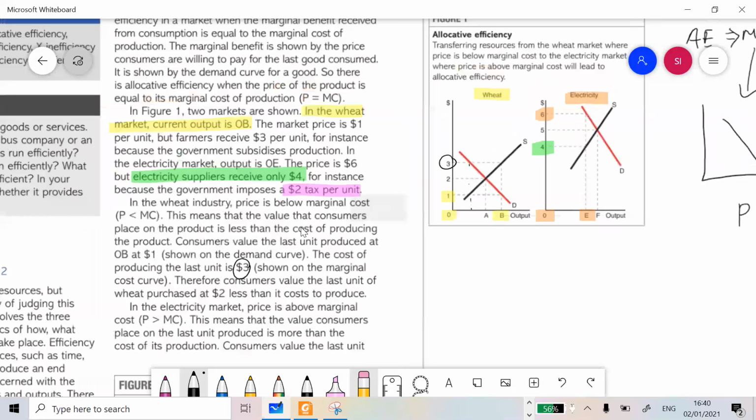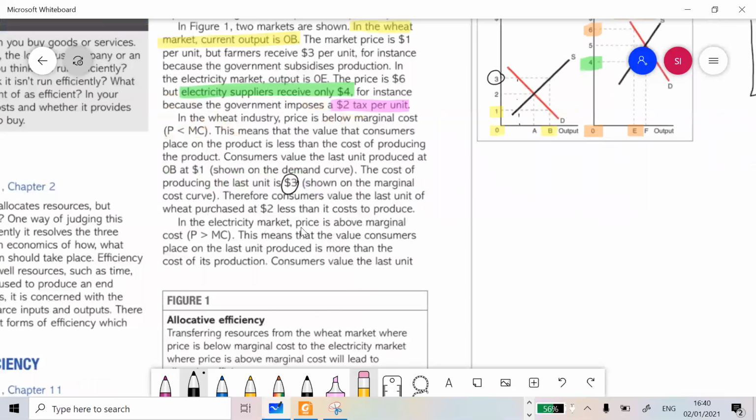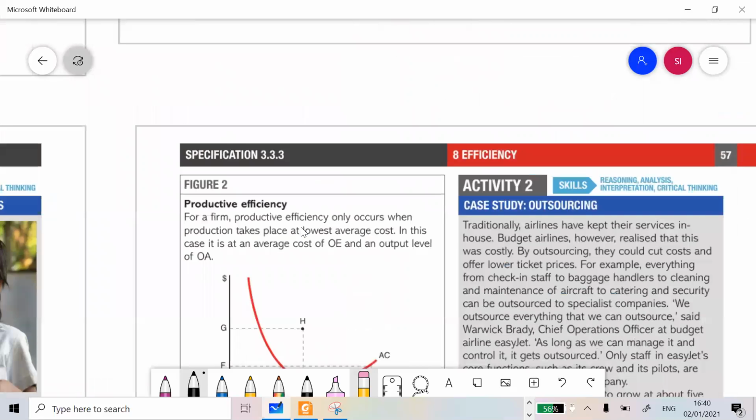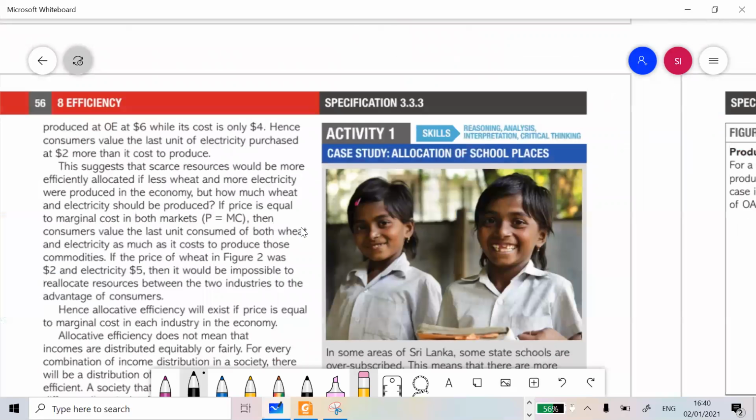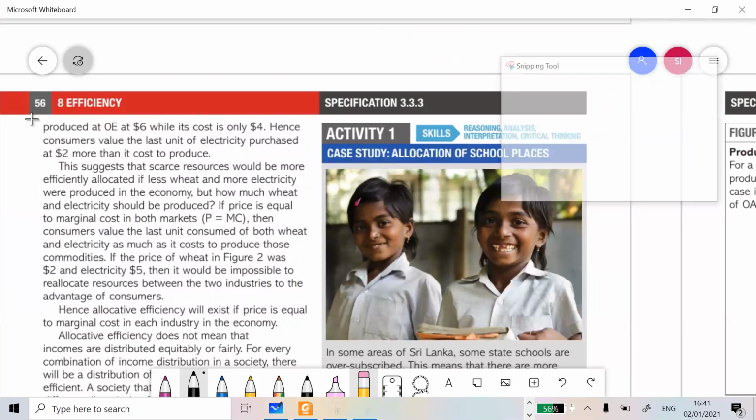Consumers value the last unit produced at 0E. Let me take this over there so that you can have a clear idea.